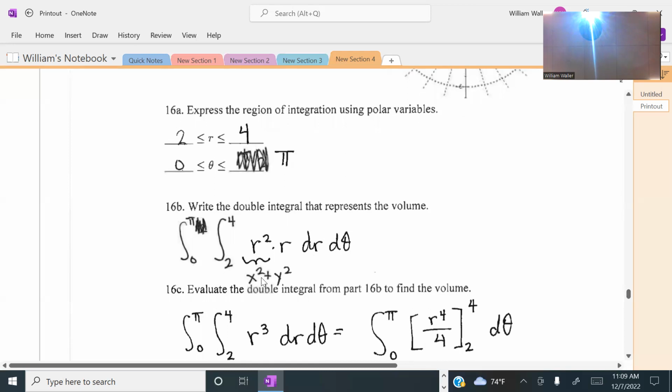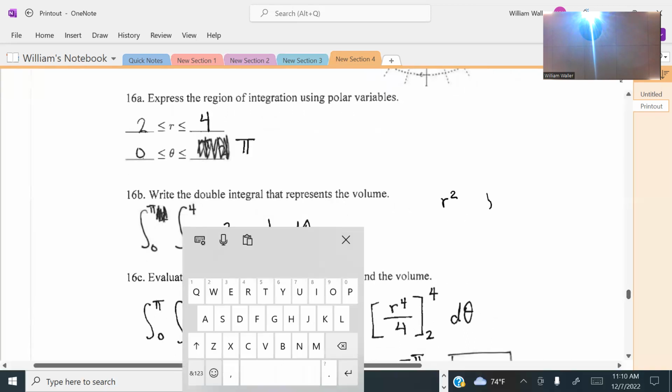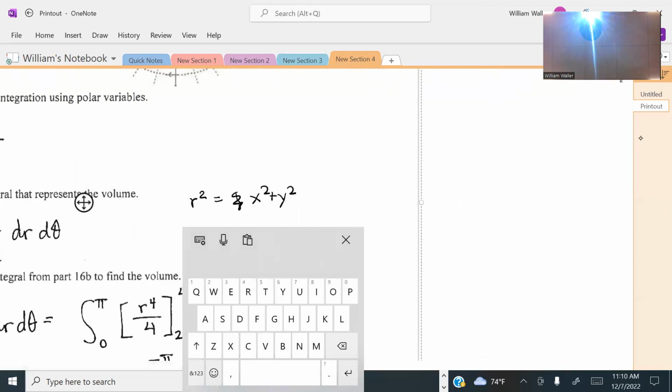The only thing you have to figure out is, how do I take the x squared plus the y squared? That was the formula for the function, right? How do I convert that to polar coordinates? Because I can't have it in x, y, so I gotta have it in r, theta. But again, there's a conversion formula. You have to remember this famous formula. r squared in polar coordinates is x squared plus y squared.